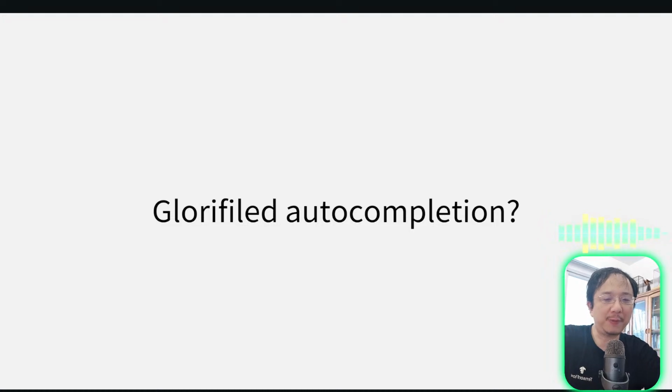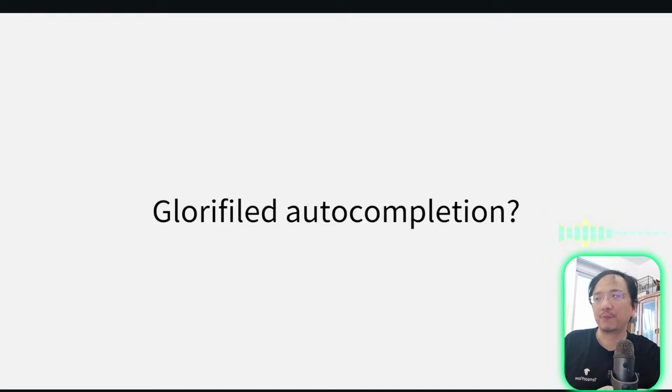Not many people knew about it, and among those who did, many didn't really understand what it is and looked down on it as just auto completion. They know kind of how it works, but not why it works.